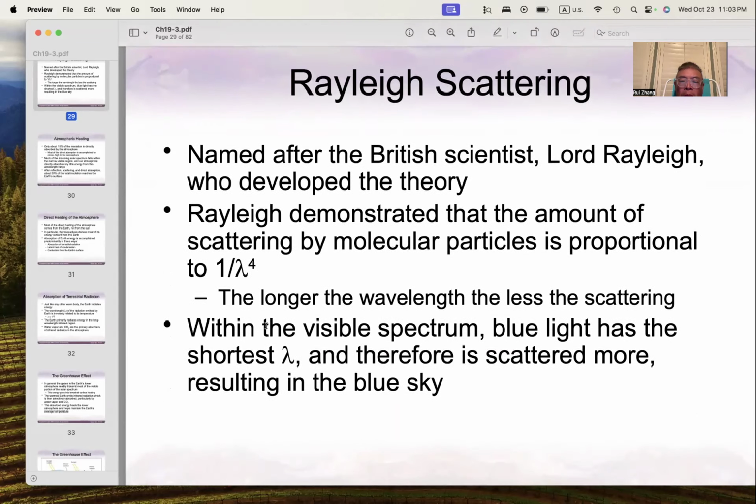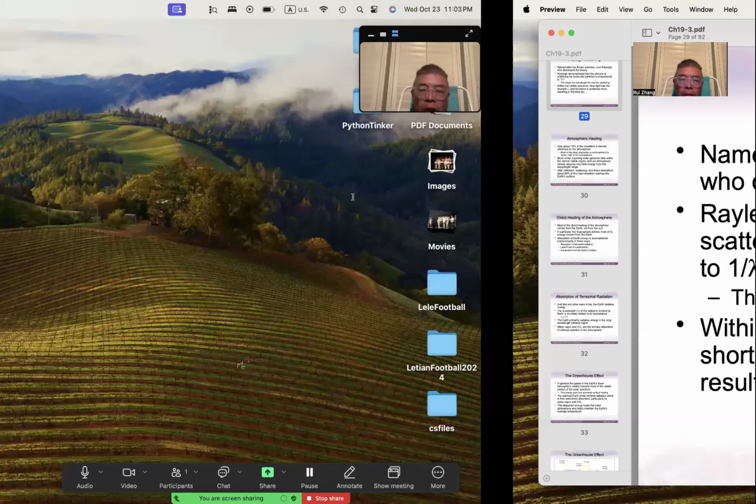So the shortest wavelength is the one that's scattered the most, and that's basically the blue light. That's why when you look up on a sunny day, you see the sky is blue. It's not really that the sky is blue; the atmosphere looks blue because of Rayleigh scattering. So these two things are the most important for section 2.